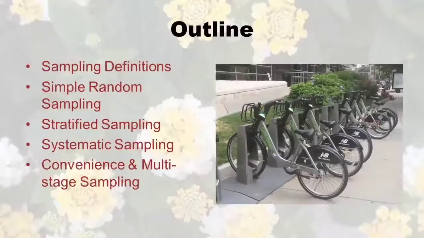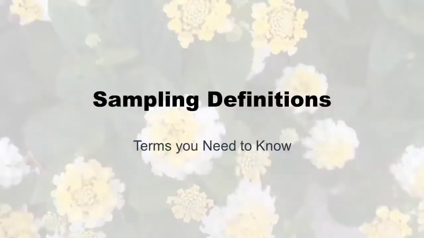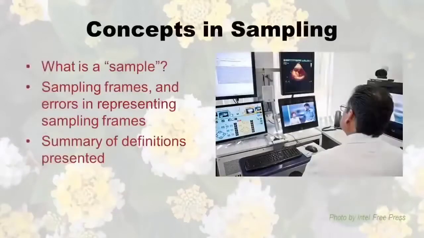So let's jump right into it here. We're going to go over in this lecture sampling definitions and then those different types of sampling I mentioned in the learning objectives: simple random sampling, stratified sampling, systematic sampling, and then convenience and multi-stage sampling. So let's start with some sampling definitions.